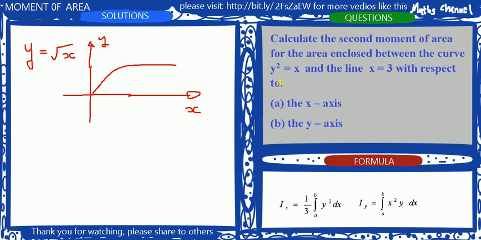Then they said the line x goes to 3. You'll have to write 3 here, 0 here. Then you will draw your strip. This will be a dx.